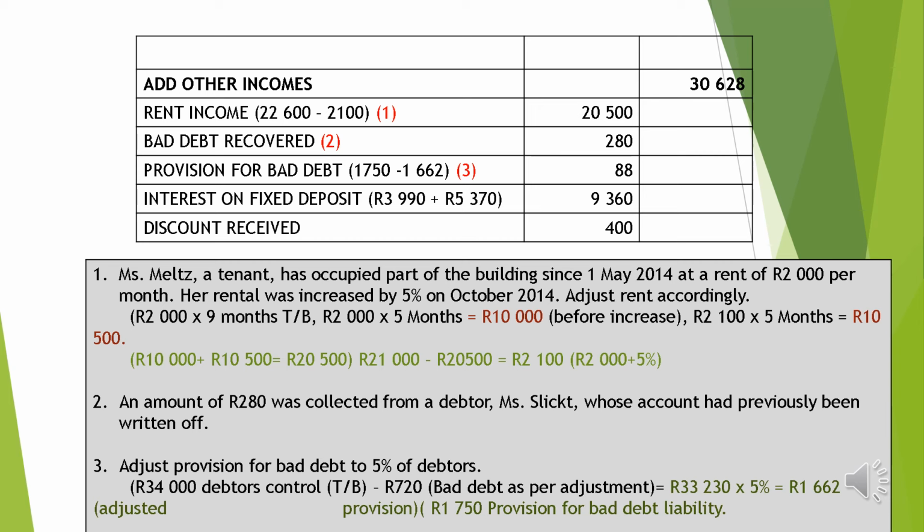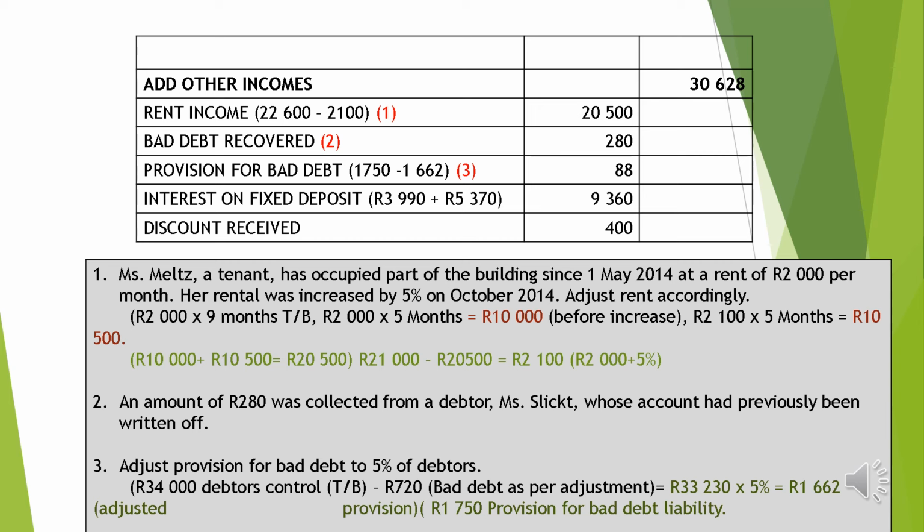So what we need to do here, this fixed deposit is at 12% and the initial amount is 79,000 rand before interest, multiply by 12%. Then we get an amount of 9,360 rand.